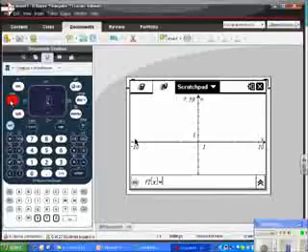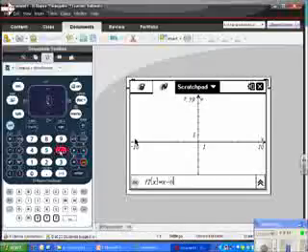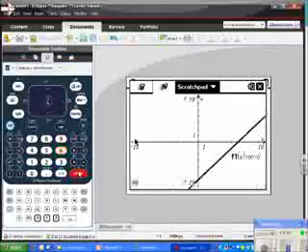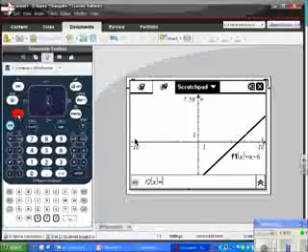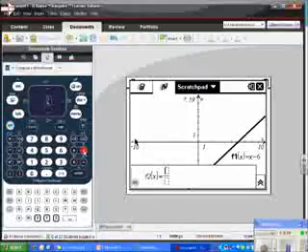And then you're going to graph your two equations. So the first one was x minus 6. So x minus 6, hit enter. So there's your first equation. The second equation, to get that equation bar back up, you can hit the tab key. And I had a fraction, so I'm going to do a control divide.